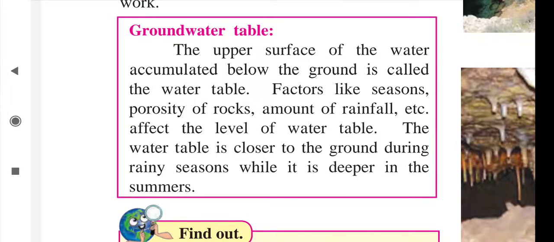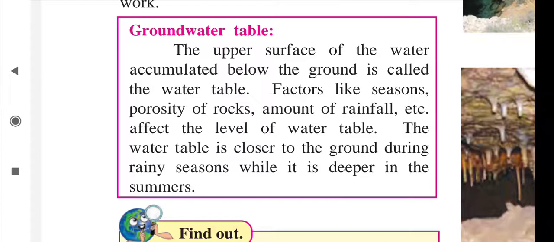Groundwater table. The upper surface of the water accumulated below the ground is called the water table. Factors like seasons, porosity of rock, amount of rainfall, etc. affect the level of the water table. This water table is closer to the ground during the rainy season, while it is deeper in the summer.